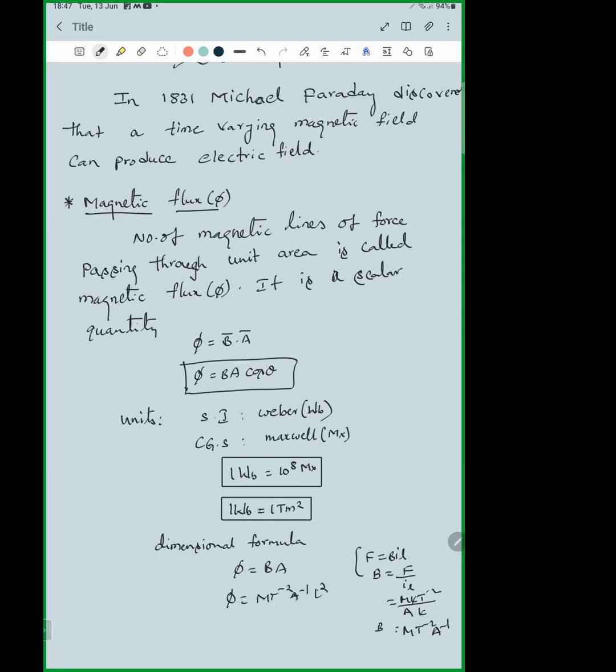Phi is B times L square, so finally, flux phi is equal to M L square T power minus 2 A power minus 1. This is the dimensional formula for magnetic flux.